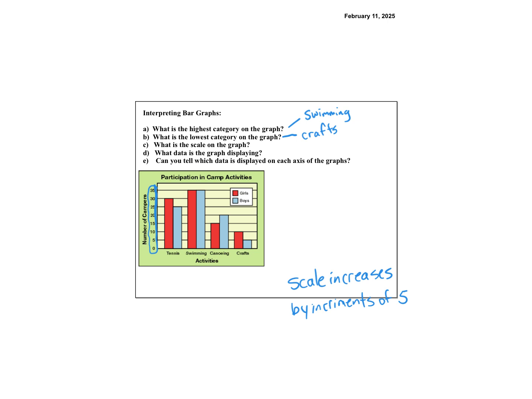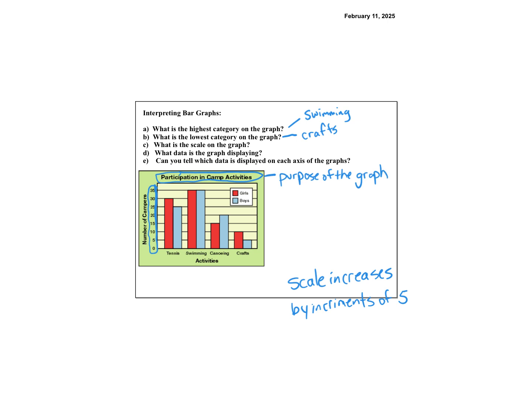Okay. What data is the graph displaying? Well, we're going to get that from here. The title should tell us that, and that's going to be the purpose of the graph. In other words, what do kids want to do at camp?